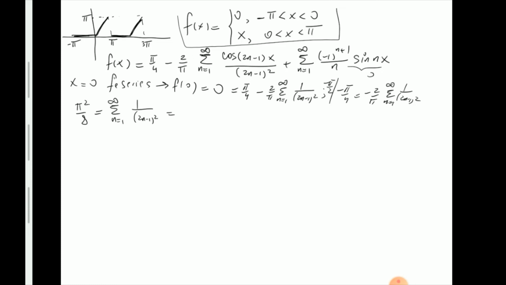If you write this series term by term, that's going to be 1 plus 1 over 9 plus 1 over 25 and so on; it goes through the odd numbers only. And again, you can play with Maple or similar and plug it in and see if you get the correct answer.